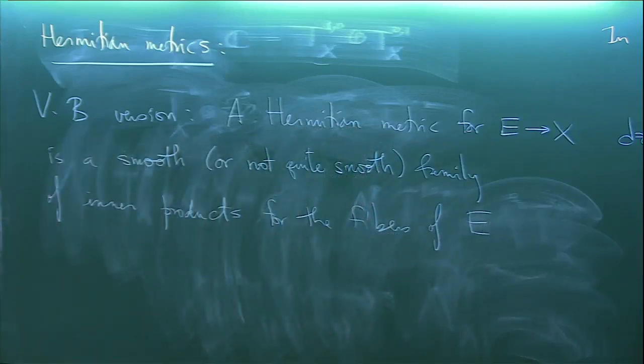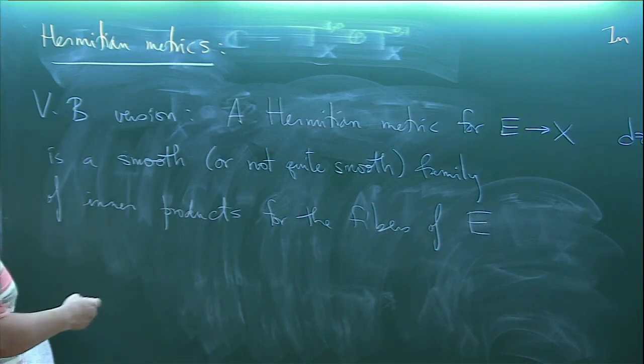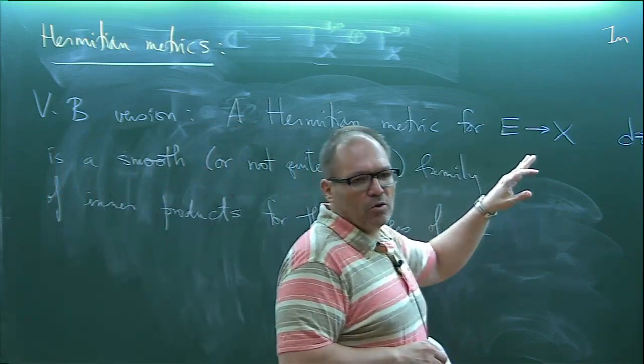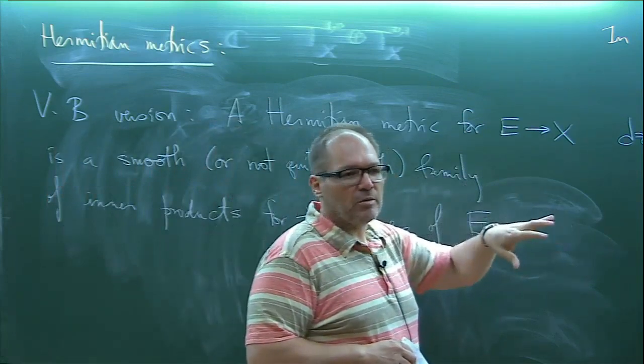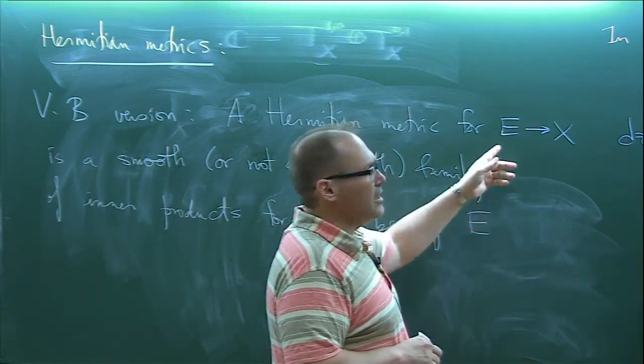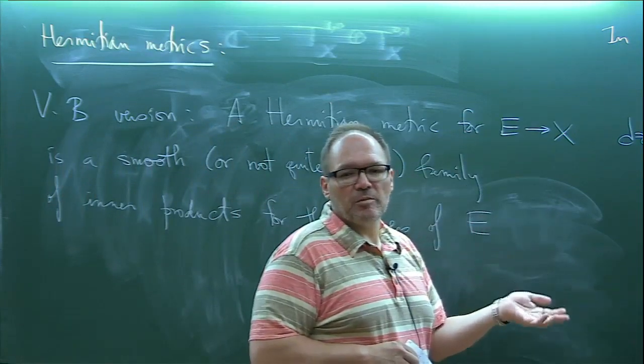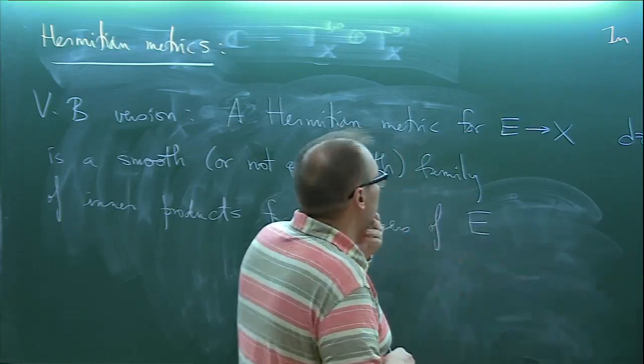And you may want to know, what do I mean by smooth? One way to do it is you choose a frame for this vector bundle. Smoothness is a local property. So to check it locally somewhere, you choose a frame and you look at the corresponding matrix given for this inner product by that particular basis.